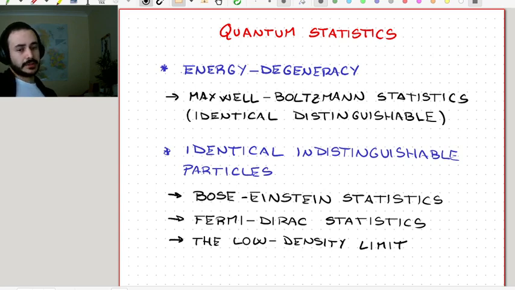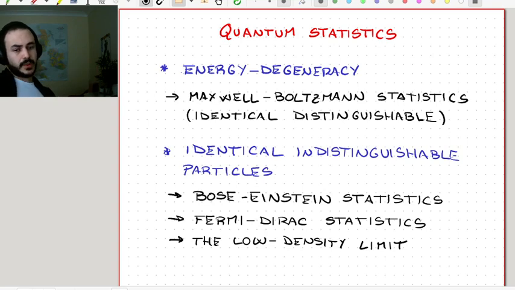And when we think about identical particles which are classical and distinguishable in the classical sense, we are going to recover Maxwell-Boltzmann statistics that we already derived in the previous lecture, but with a little correction to take into account the degeneracy. Okay, we just multiply essentially by the degeneracy.